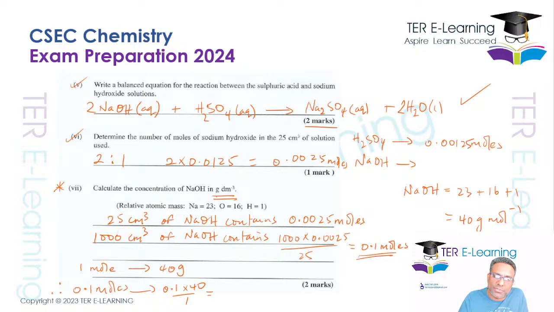So that's going to be 4 grams. So therefore the concentration of the sodium hydroxide, which is what I want, is simply going to be 4 gram per dm cube. That is the answer here, the concentration of the sodium hydroxide in gram per dm cube.